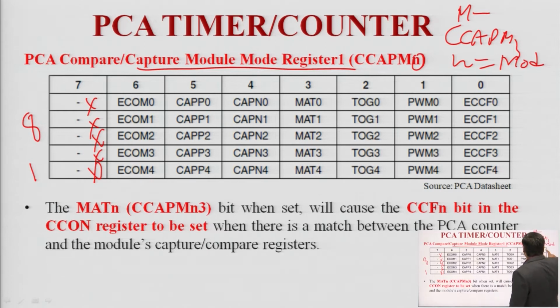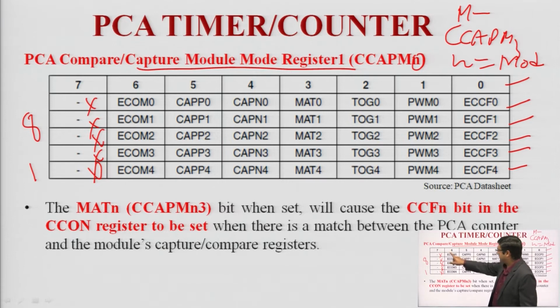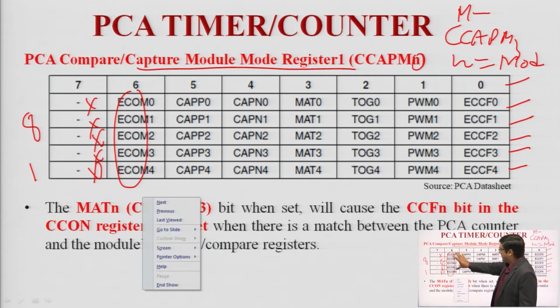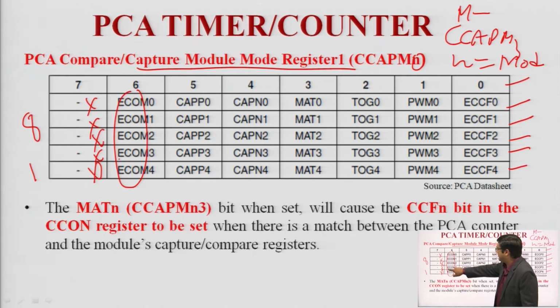We can say that all these registers are the same, because ECOM 0 to ECOM 4 have some specific function, but for a particular module it has an associated value. Let us take ECOM 3. ECOM 3 is associated with module 3. So, in this register each bit has some specific value.